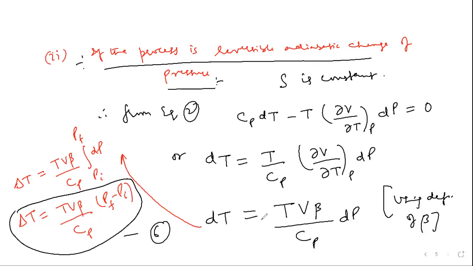So it's clear from this equation that a reversible adiabatic increase of pressure will produce an increase of temperature in any substance with a positive expansivity beta, and a decrease in temperature in a substance with a negative expansivity, right? Let me write it.